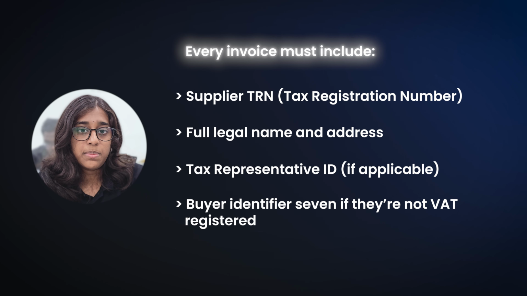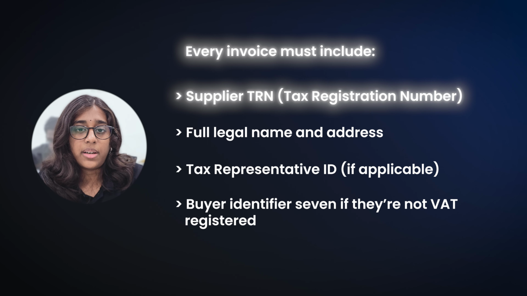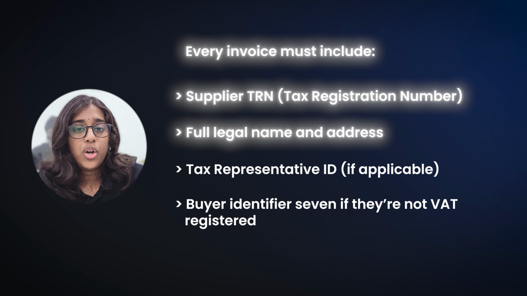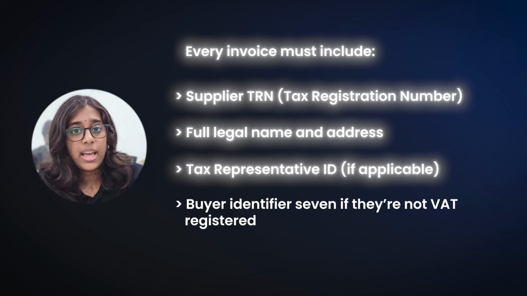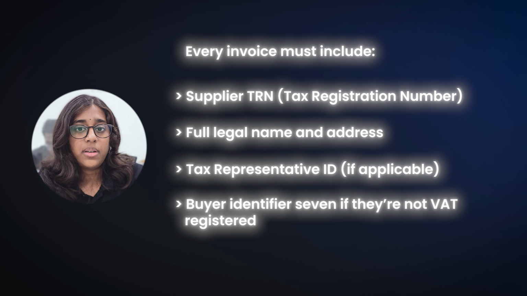Every invoice must include supplier TRN, tax registration number, full legal name and address, tax representation ID, and buyer identifier if they are not VAT registered. This helps the FTA reconcile records, flag fraud, and streamline audits. For your team, it means updating master data and making sure every invoice field is complete, with no shortcuts to it.